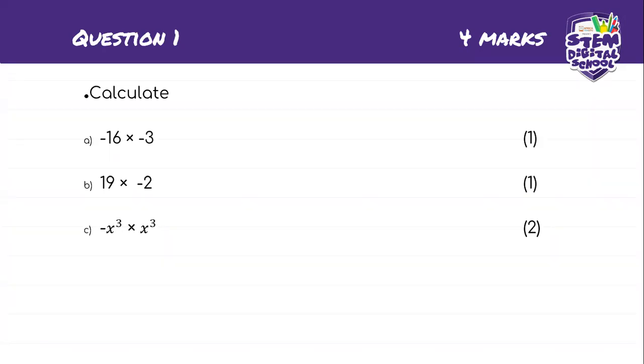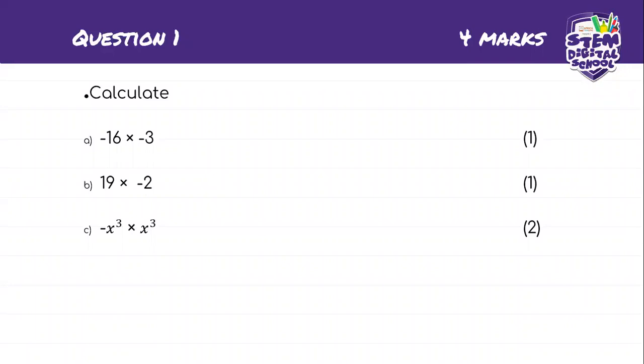So a negative multiplied by a negative gives you positive. So 16 multiplied by 3 will give you 48. So 48 was the correct answer. This is what I wanted to test. The skill here was to check whether you understood the relationship between negative numbers.